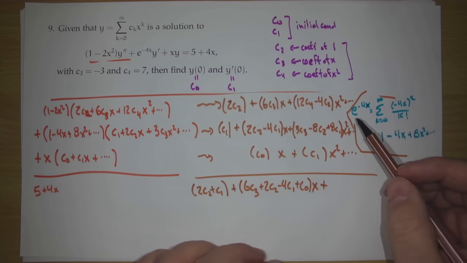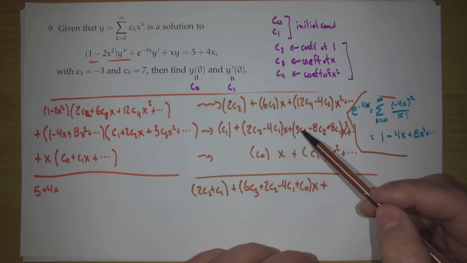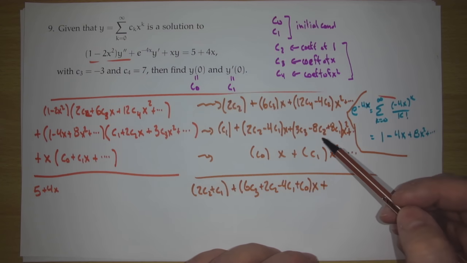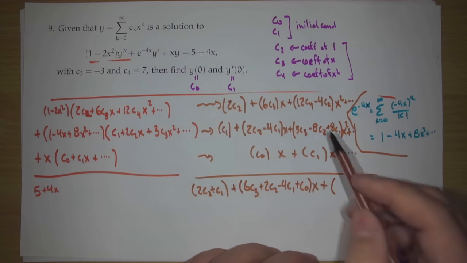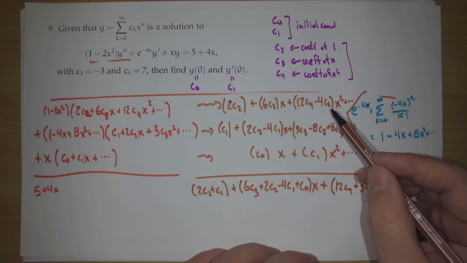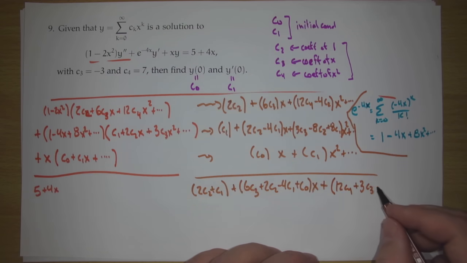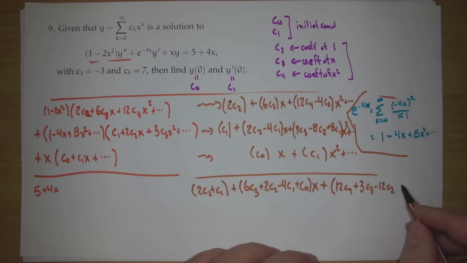And then on the end, we have 12c4 minus 4c2, 3c3 minus 8c2 plus 8c1 and c1. So if we plug in what we know, we have 12c4, 3c3, minus 4c2 minus 8c2 makes minus 12c2, 8c1 plus c1 makes 9c1, x squared.